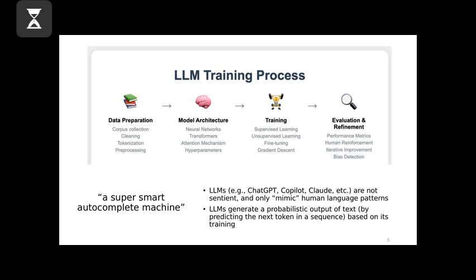So it's important to know how an LLM is trained and how it works so that you can understand why it does what it does, how it does it, and also possible limitations embedded in its training.